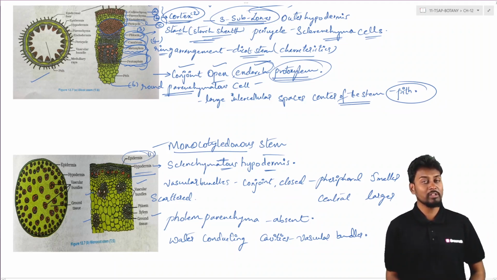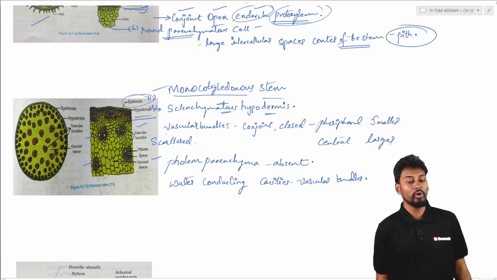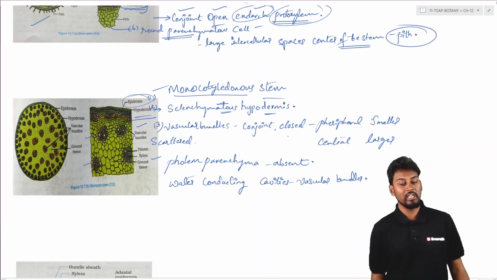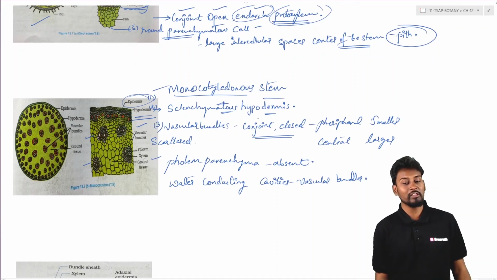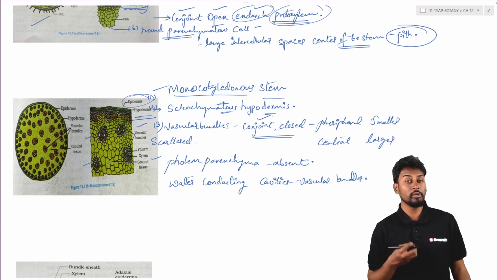So the epidermis is the outermost layer covering the stem, followed by the inner layer, the sclerenchymatous hypodermis, and finally we are going to discuss the vascular bundle. The vascular bundle is technically described as conjoint because phloem and xylem are present in the same place, and it is called closed because there is no cambium.